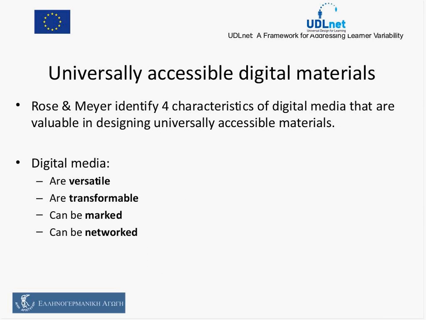In order to have accessible digital materials, there are four core characteristics that these resources need to address. They need to be versatile, transformable, marked, and networked. And there, the use of technology is really helpful, because if we use electronic resources and materials, we can provide these characteristics.